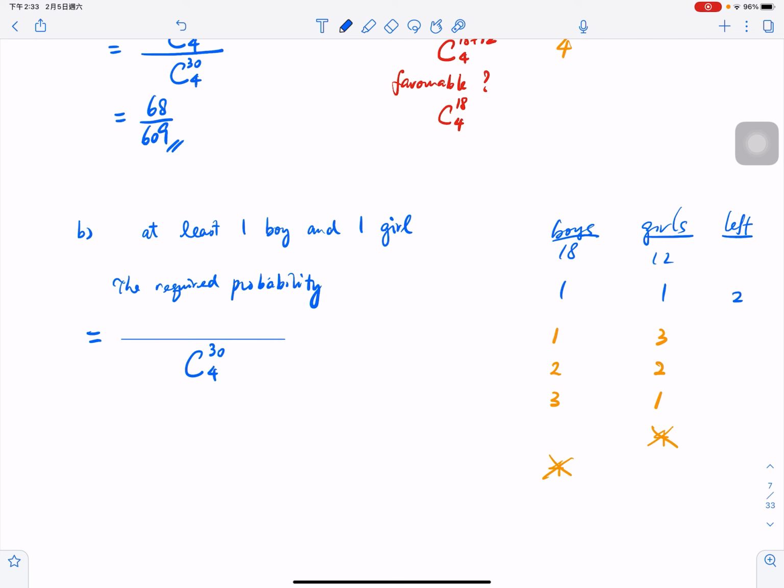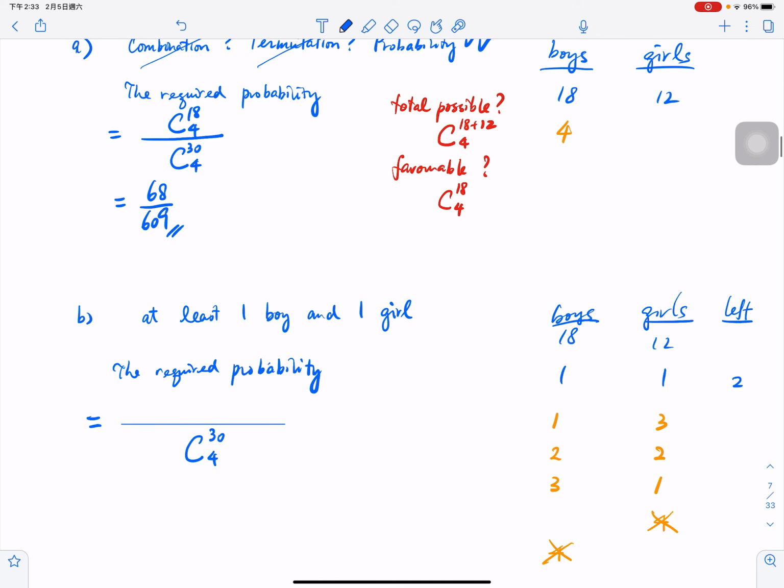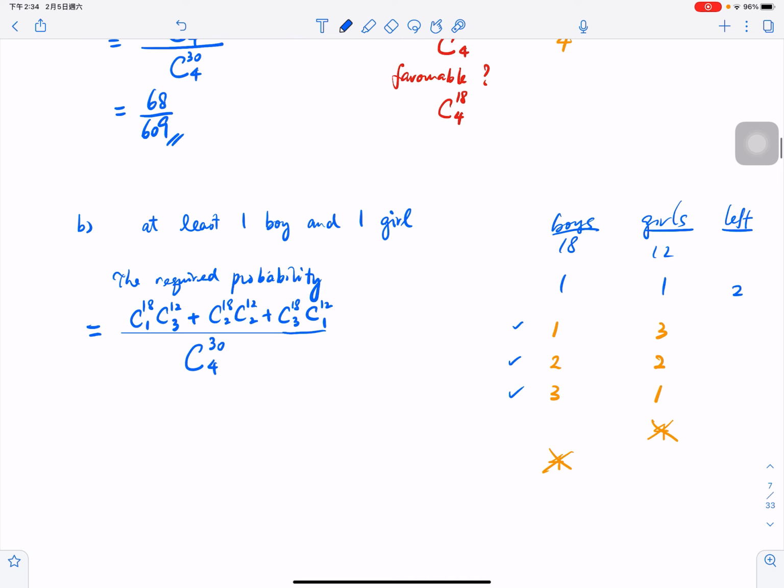Then what are the favorable outcomes? 18 boys choose 1 and 12 girls choose 3, or 2 boys, 2 girls, or 3 boys, 1 girl, right? So this is the answer, 530 over 609.